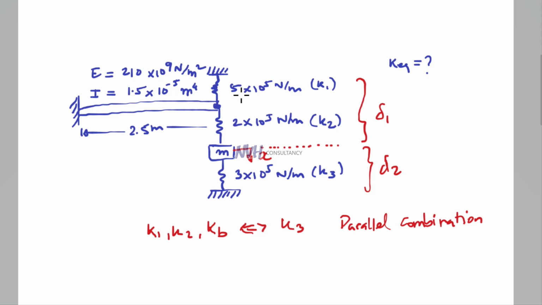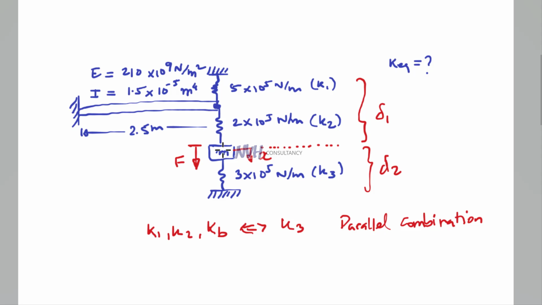Now in this case, the K2 stiffness stretches and bends the beam. Once you apply the force, what's going to happen is the K2 will completely stretch. So if you apply a force something like this, the K2 will completely stretch.